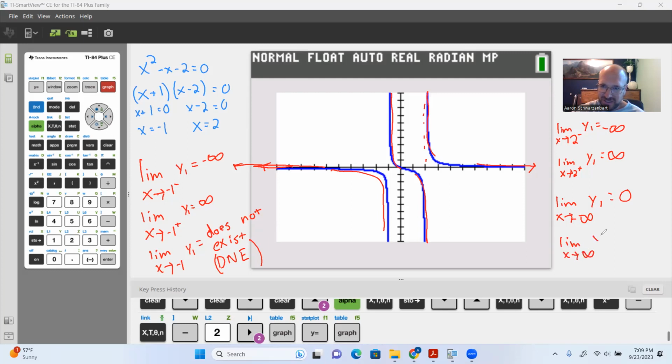As x approaches positive infinity, way here on the right side of the graph, it also appears to be going to 0. Okay? So end behavior can be a very interesting thing. Very important for us to look at.